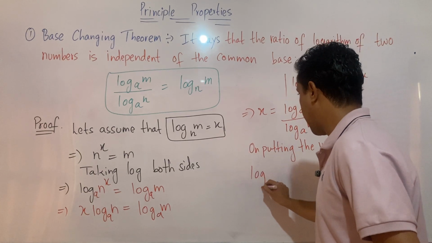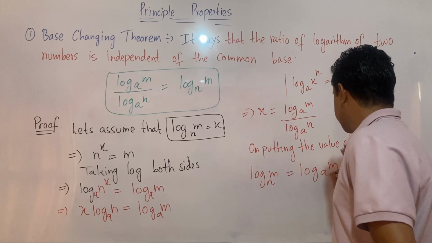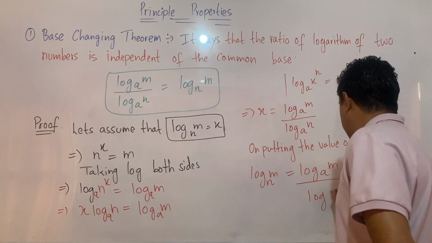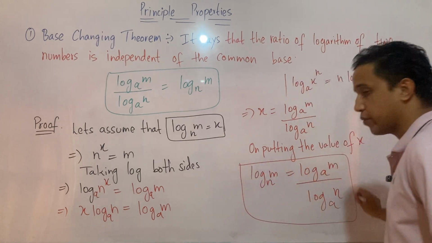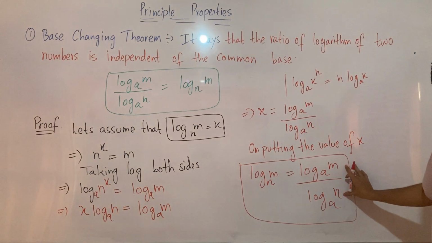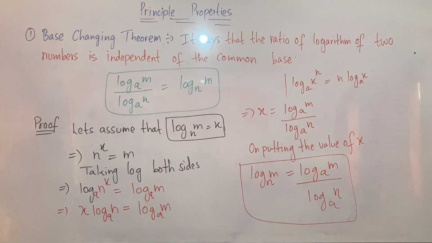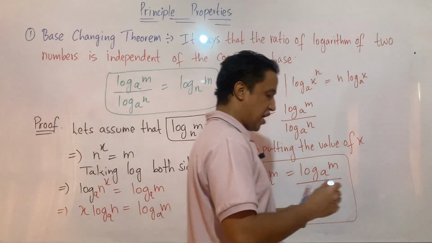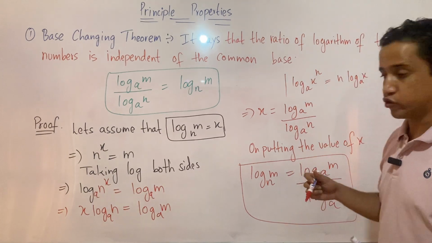Log m to the base n equals log m to the base a by log n to the base a. So that's what the base changing theorem, or base changing property, or base changing rule states. That's the proof part. I hope it's visible to you. You can have a look, and then we'll move to the next one.